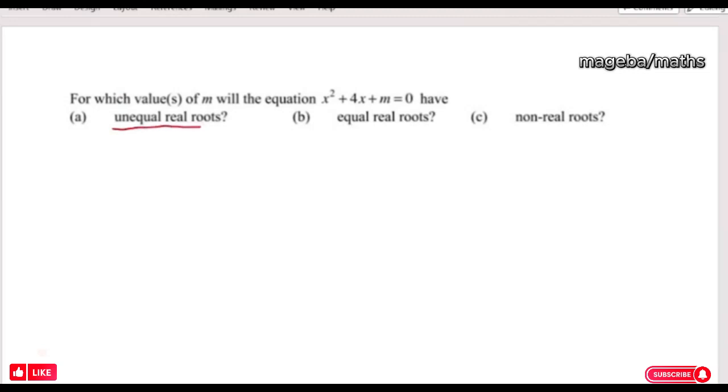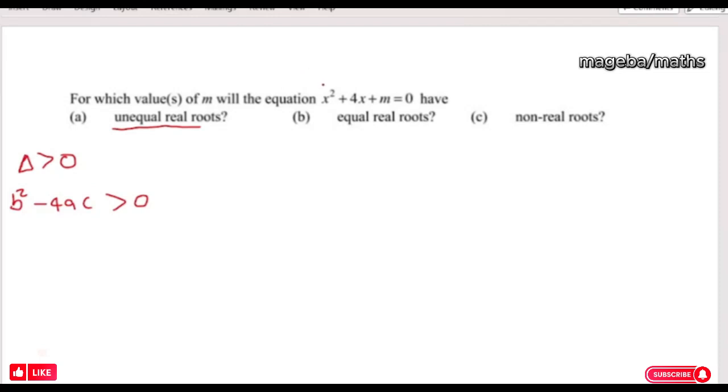You must know that if we have unequal roots, our delta is greater than 0. Our delta is b squared minus 4ac, greater than 0, and from here we need to substitute.